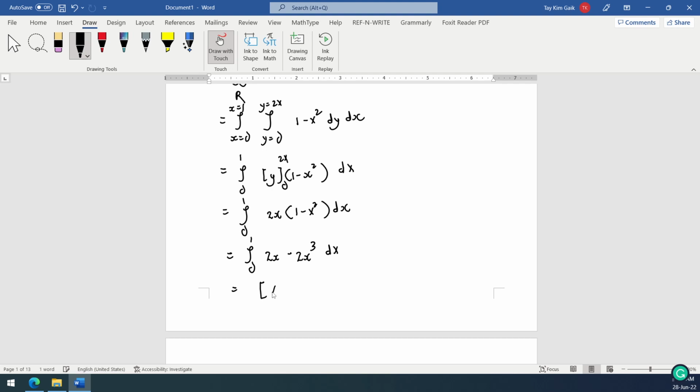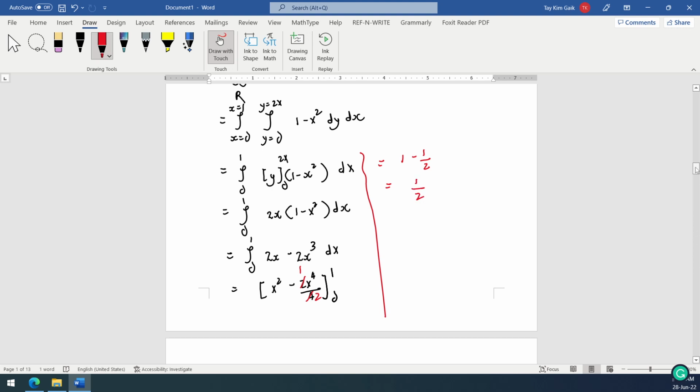So you get x squared divided by 2 times 2, which leaves x squared, minus 2x to the power 4 divided by 4, from 0 to 1. Simplify it. The answer is 1 minus a half. Plugging in the lower limit, everything is 0, so the answer is a half.